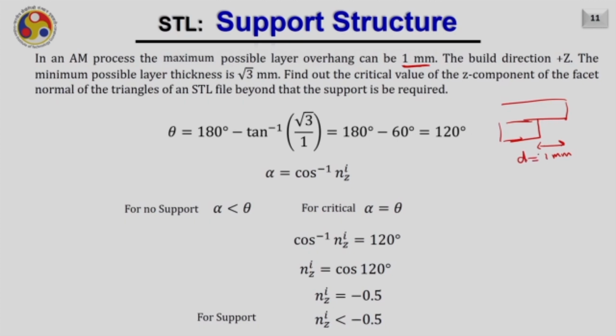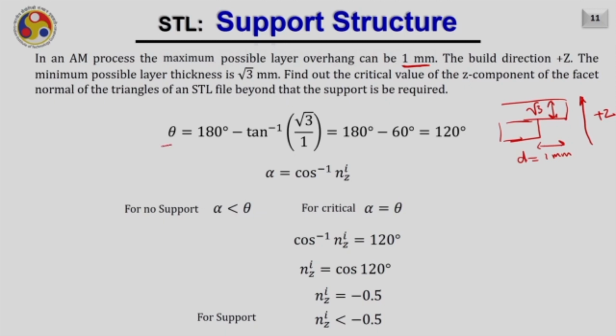The build direction is plus z, we are building in this direction, that is plus z direction. The minimum possible layer thickness is root 3 is given to you. Find out the critical value of z component of the facet normal of the triangles of an STL file. Beyond that, the support will be required.